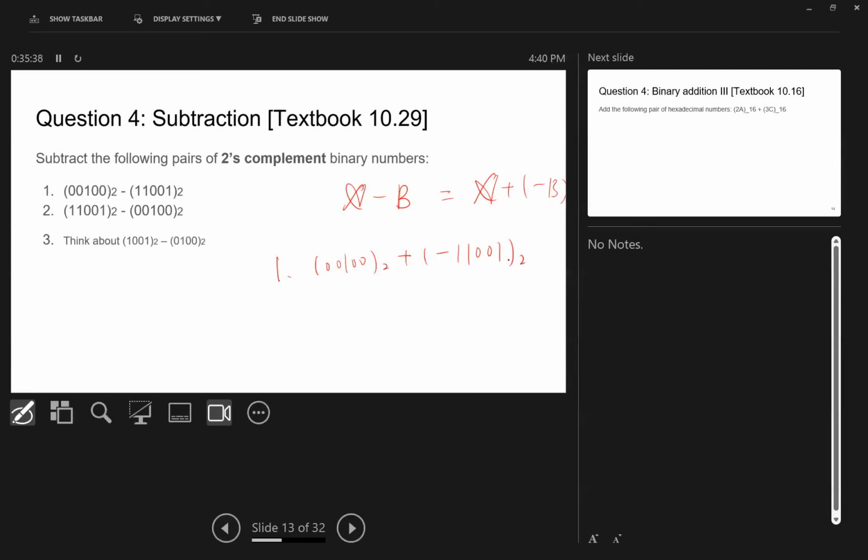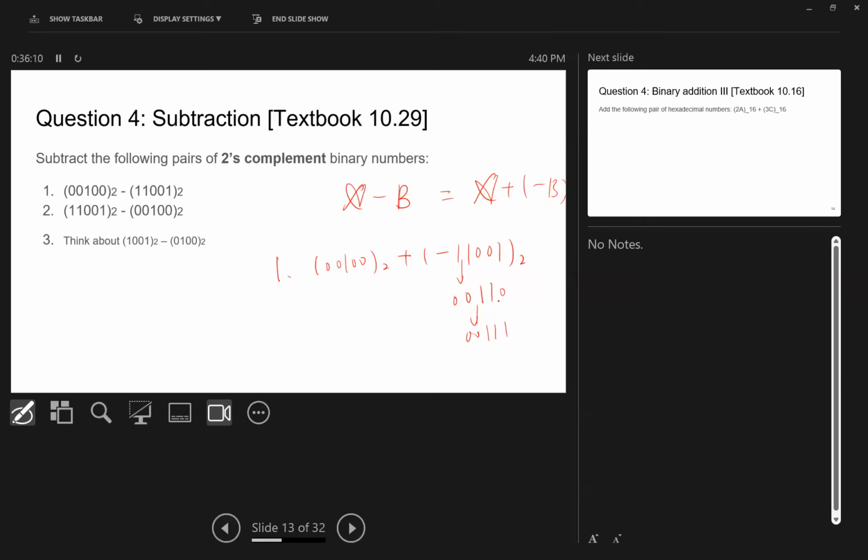What do we do if we want to negate a 2's complement number? The first step is to flip all bits, and then add 1, right? If we flip all bits, the result should be 0, 0, 1, 1, 0. And we add 1, the result should be 0, 0, 1, 1, 1.